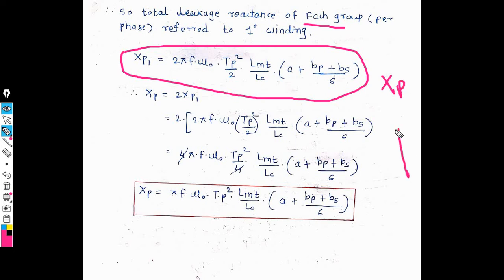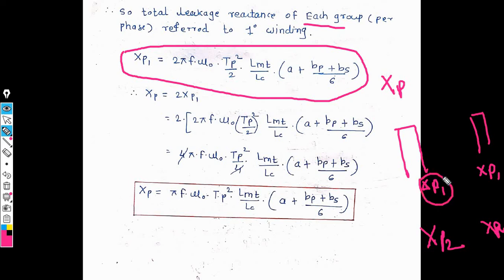Now this is the core, this is for Xp1 and this is for Xp2, and also surrounding it Xp2.